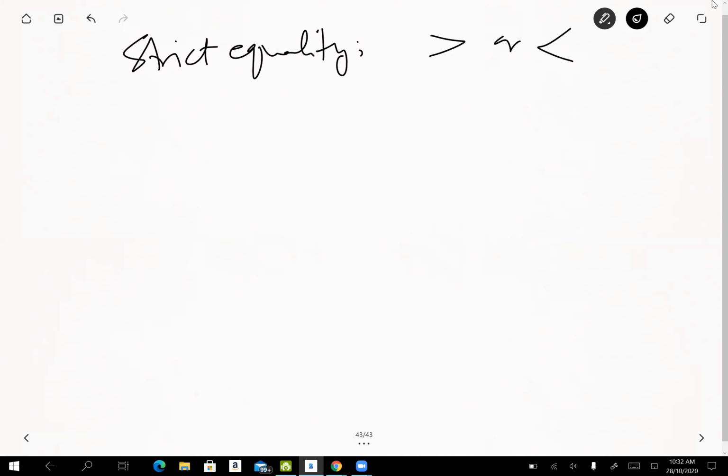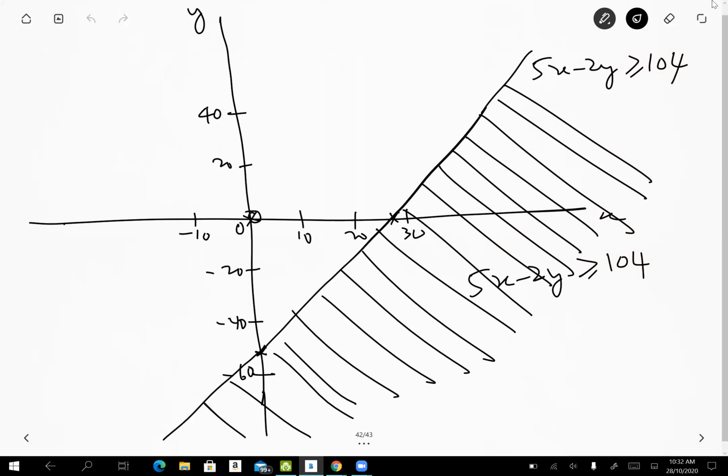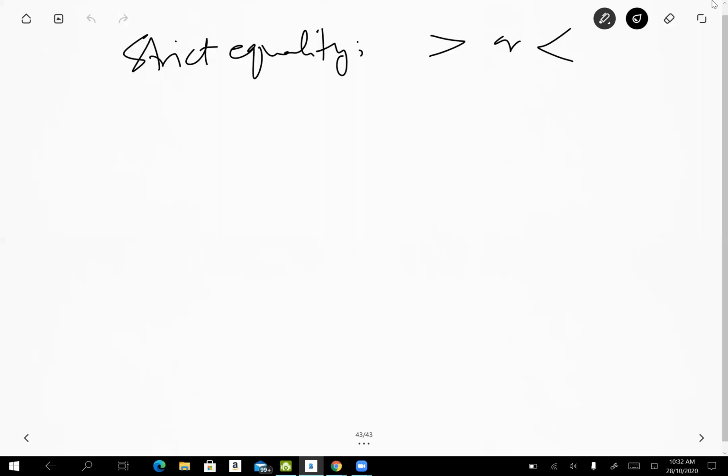All right. Example, we go back to the example that we had. Suppose we have only 5x minus 2y bigger than 104, without the equal sign. Now, how do we get that inequality? The method is the same.